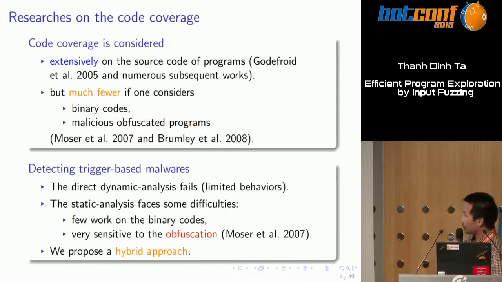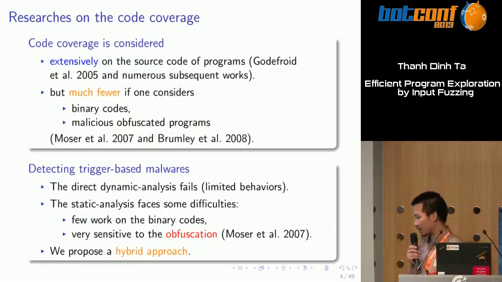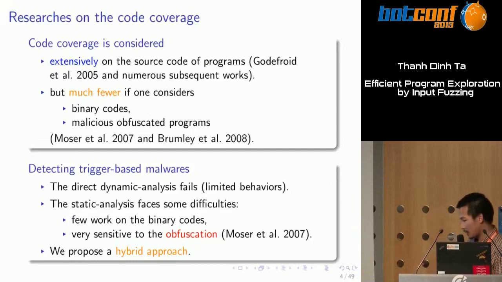The proposed measure is named code coverage. Research has extensively many works on this, but there are much fewer when we consider binary code and obfuscated code. But why is this so difficult?